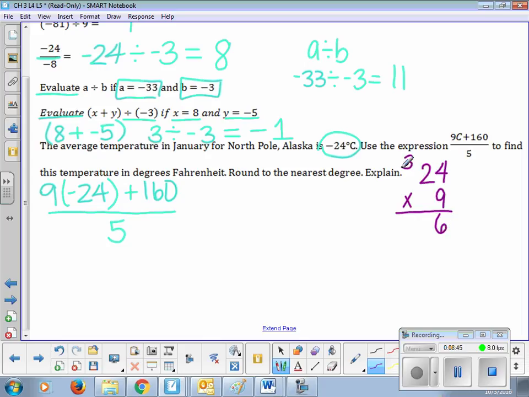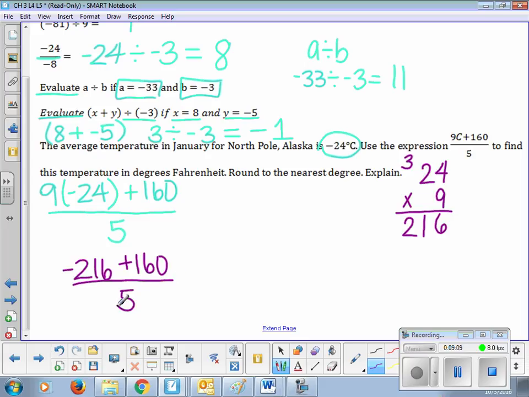And 9 times 2 is 18. 18 plus 3 is 21. So we get 216. But since we have different signs, our answer is going to be negative 216. We have to add 160 and then divide by 5.